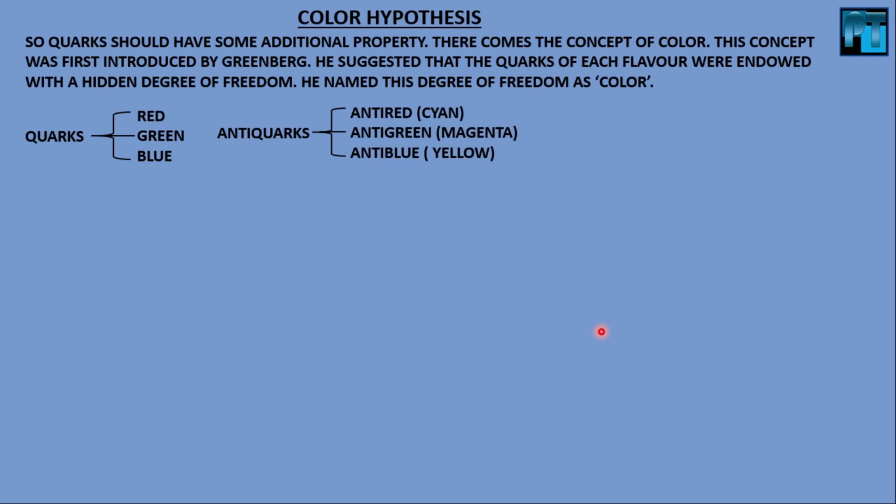If you follow the color wheel, anti-red is opposite to red, that is cyan color, anti-green is magenta color, anti-blue is yellow color. In some of your textbooks, you can have cyan instead of anti-red. But generally, we use RGB for quarks and R bar, G bar, B bar for anti-quarks.